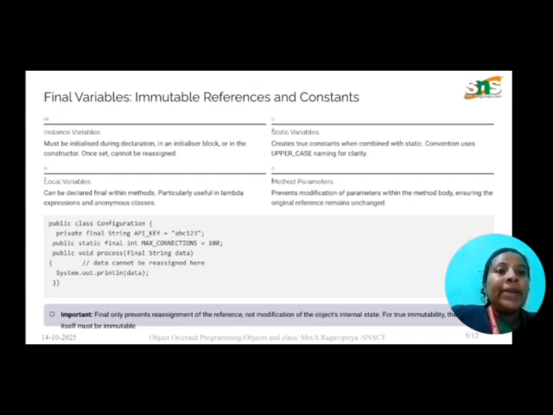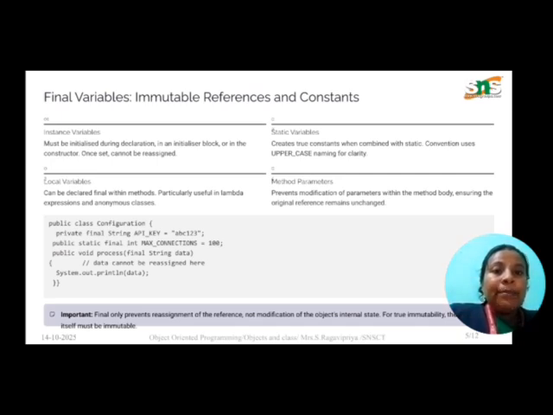The convention uses uppercase naming for clarity. Local variables can be declared final within methods, particularly useful in lambda expressions and anonymous classes. Method parameters: final prevents modification of parameters within the method body, ensuring the original reference remains unchanged.